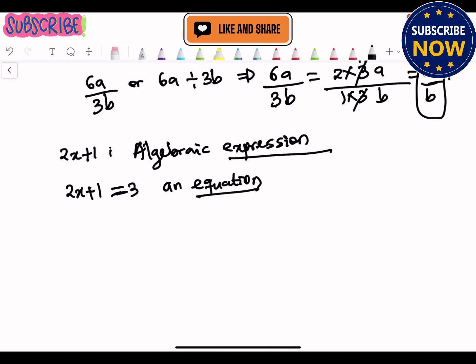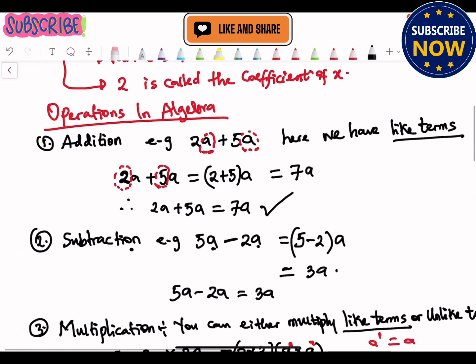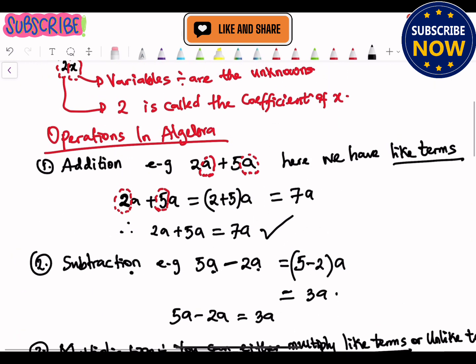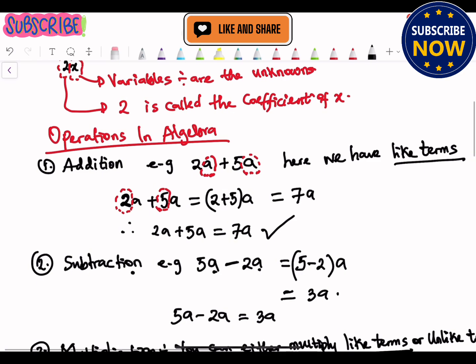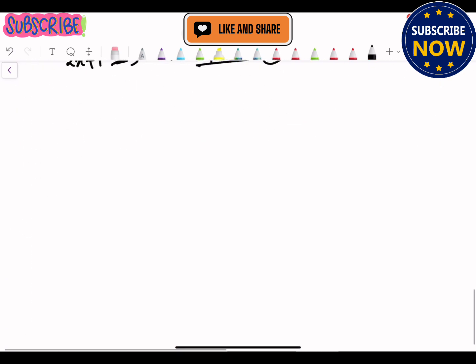Right. So this is an equation. So this you can easily solve. You see, everything we've been doing is all about solving the expression, getting it right. So let's look at one example together.